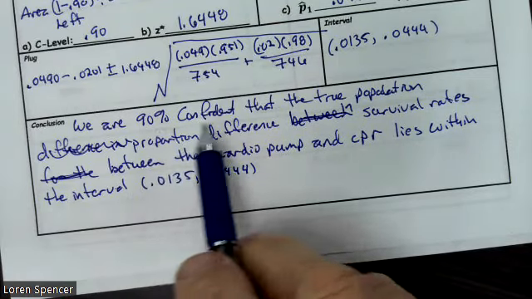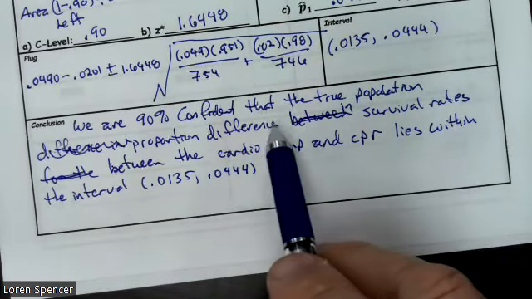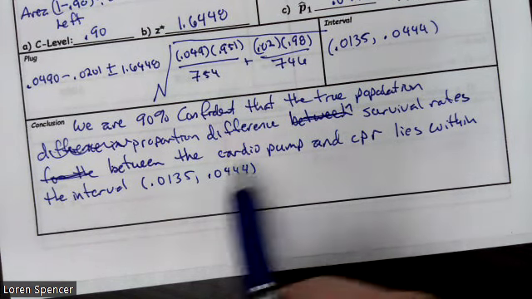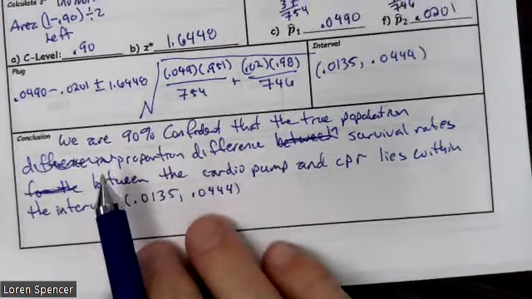So let's try that again. We are 90% confident that the true population proportion difference in survival rates between the cardio pump and CPR lies within the interval 0.0135 and 0.044.